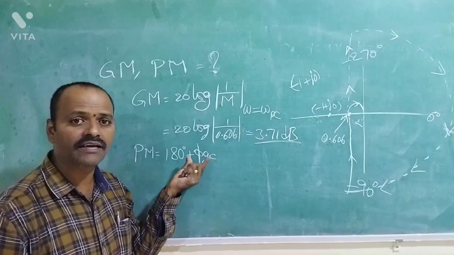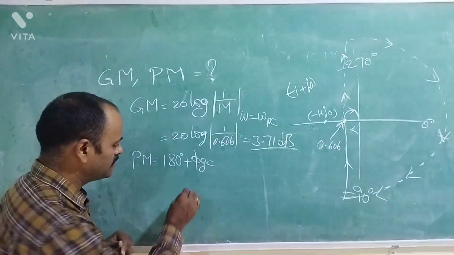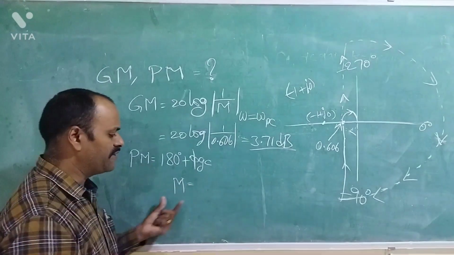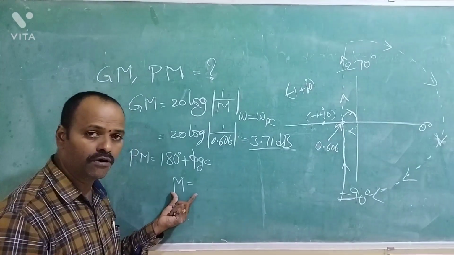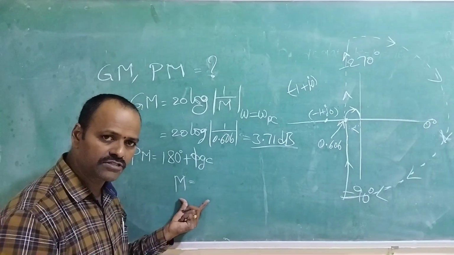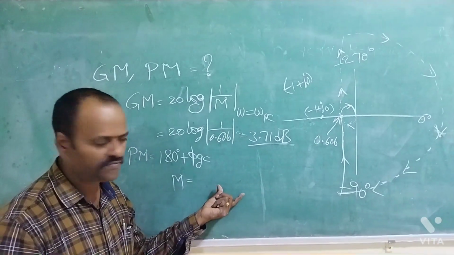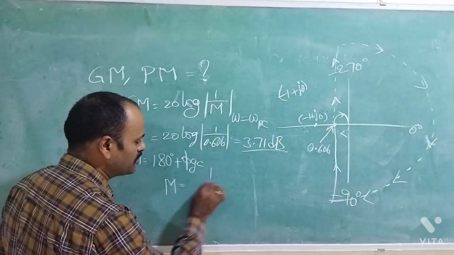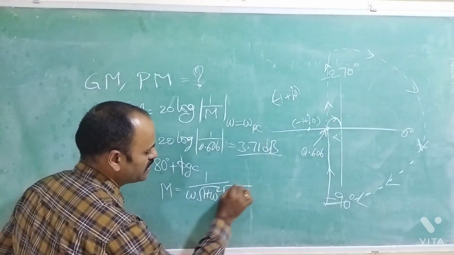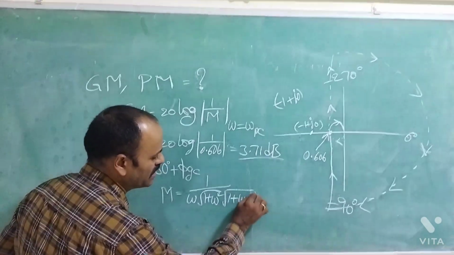First we have to find the gain crossover frequency. How do we get the gain crossover frequency? That means the frequency at which the magnitude plot crosses the 0 dB line, or the frequency at which the magnitude is unity. We know the magnitude equation, that is 1 by omega into square root of (1 plus omega square) into (1 plus 4 omega square).